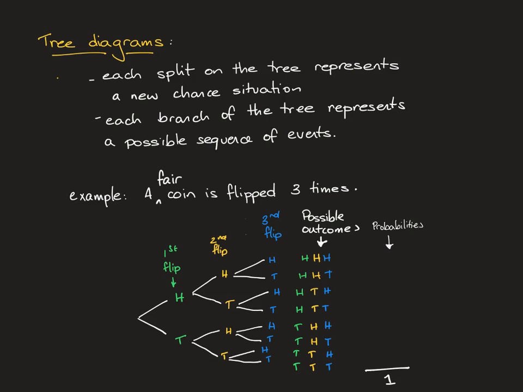And so we've got 8 of the same things. 1, 2, 3, 4, 5, 6, 7, 8. We've got 8 outcomes that are all equally likely. So each one of those outcomes has a probability of 1/8. Etc., etc. Each one of these is 1/8.